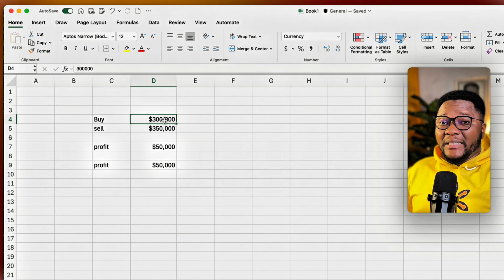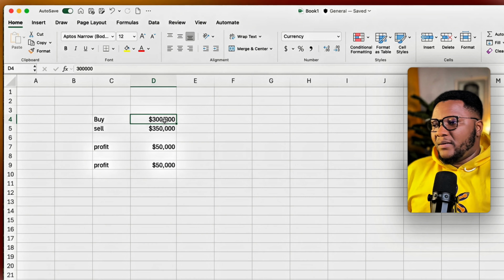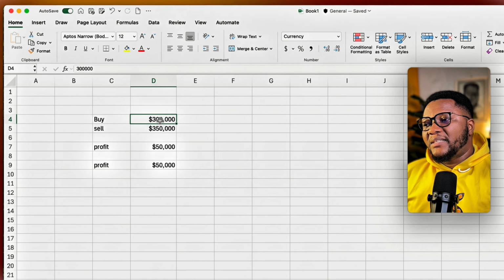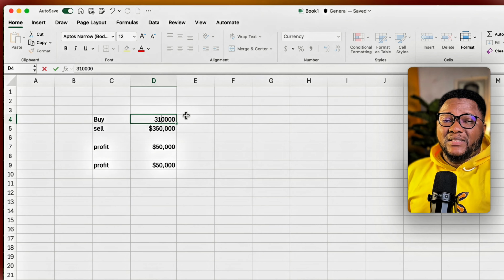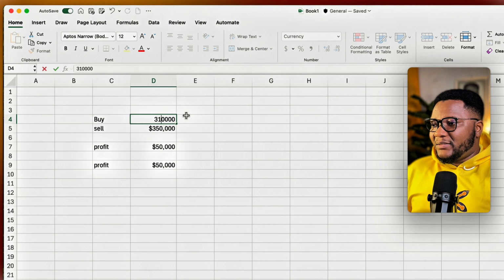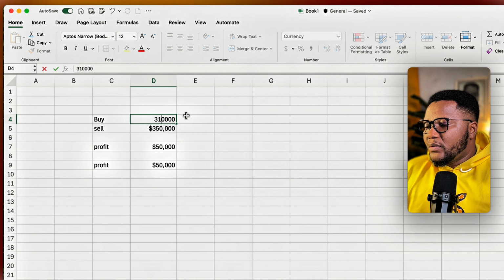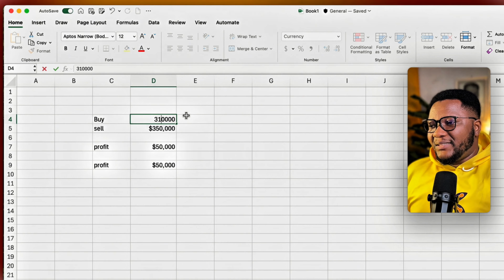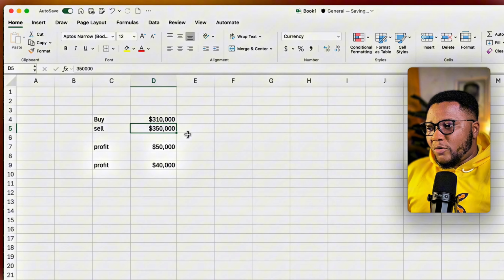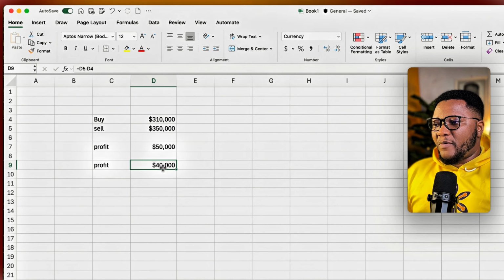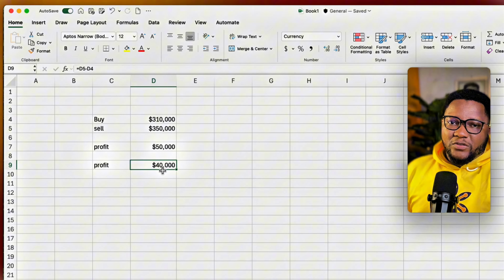And then there was a price increase, by, let's say, $10,000. So it has become $310,000 that you'll be buying it, right? So if I come here and edit it to update the price and I click enter, it's going to update my profit. So my profit is now $40,000.